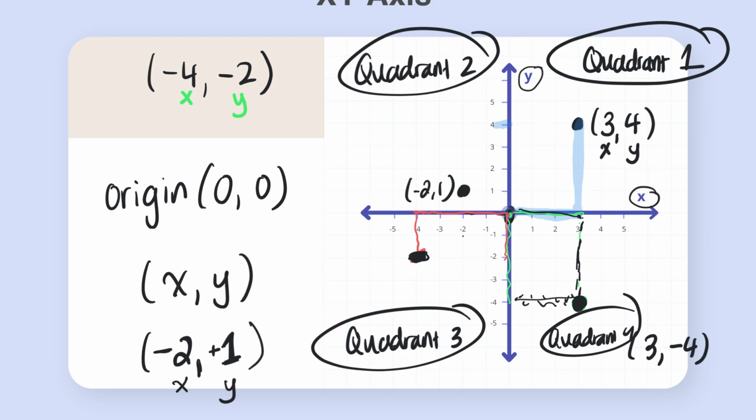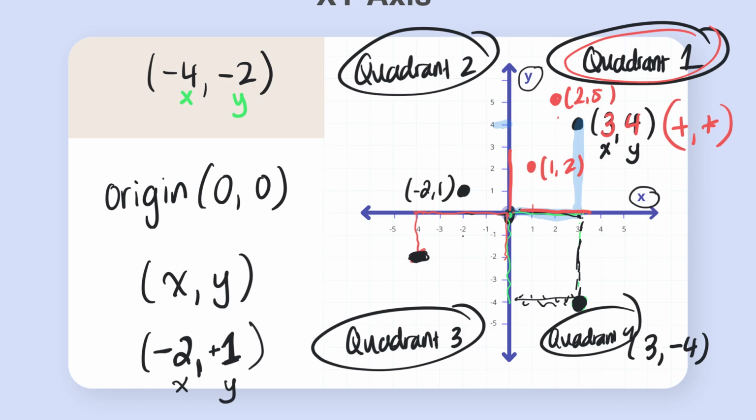I have +3, +4. What if I labeled this point 1, 2? What about this one, 2, 5? Do you notice anything in common with all of these points in quadrant 1? They're all positive, positive, right? Positive to the right, positive going up.